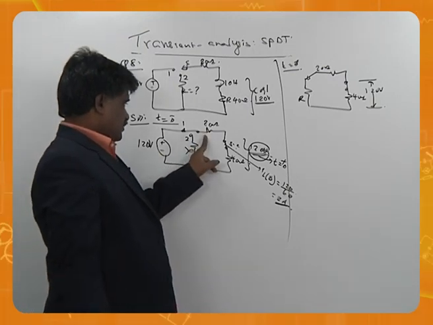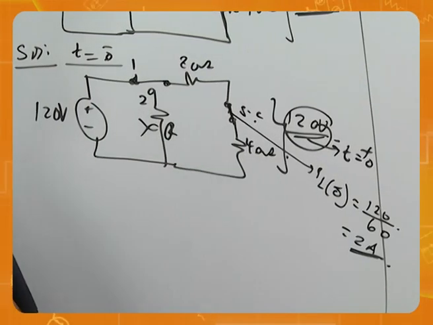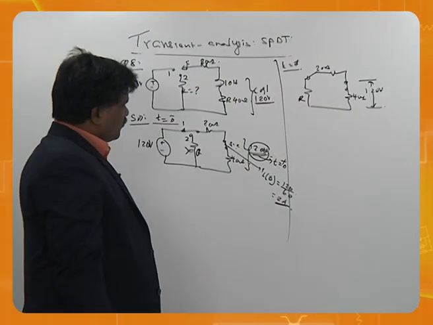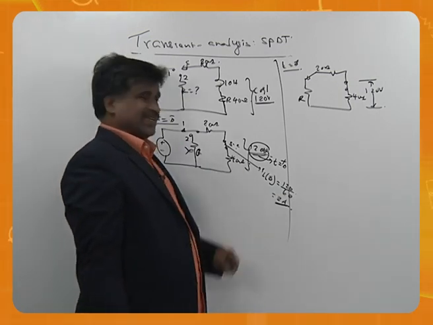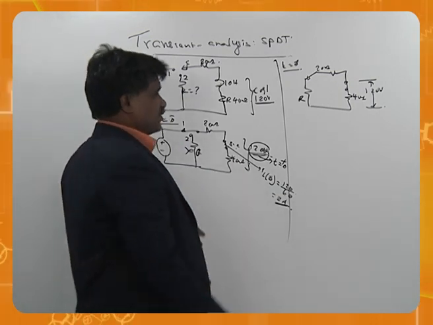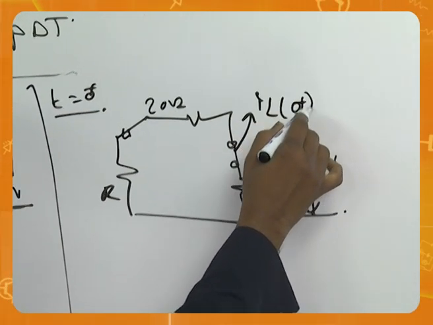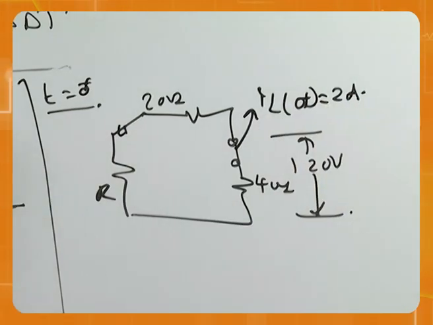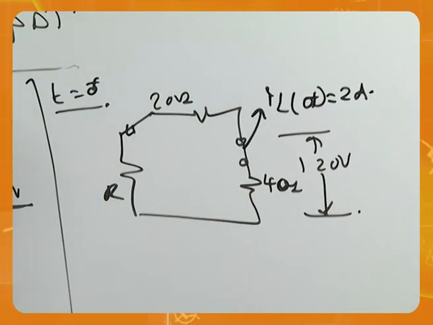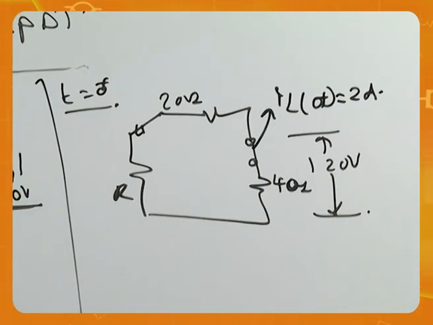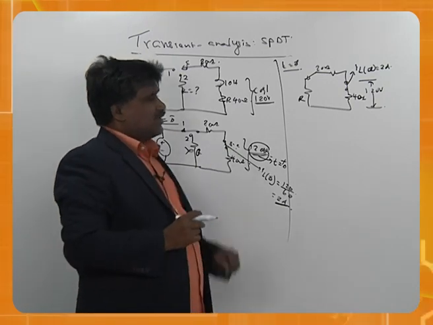120 is applied, inductor is shorted, but these two are there. So that is the meaning of 20 plus 40, 60, 2 amperes. So don't forget this current. This current is still there as 2 amperes. This is 40 ohms. Now can you apply that and find out the voltage? So shall we apply this value?